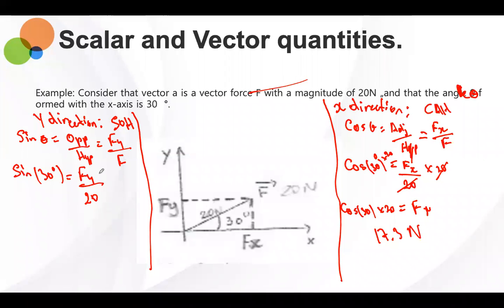Cross multiply. All right, so multiply both sides by 20. So we end up with this cancelling, leaving us with Fy equals sine 30 degrees times 20. All right, what do we get for that? 10. 10 newtons. All right.